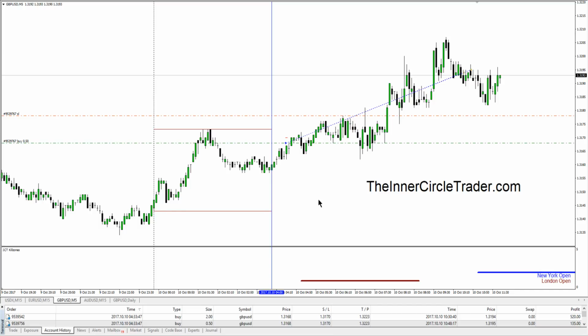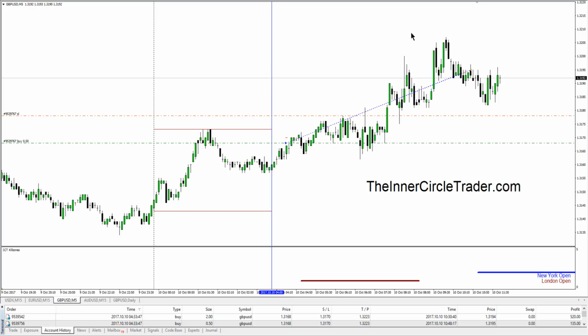So the question I'm sure is, why is this entry here? Why did I enter here and maybe not over here, or over here, or even here? Or why not right now? Well, right now would be a potential scenario for the New York Open, looking for a run on the overnight highs.